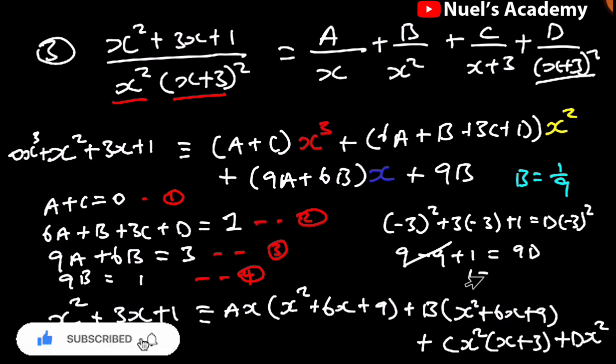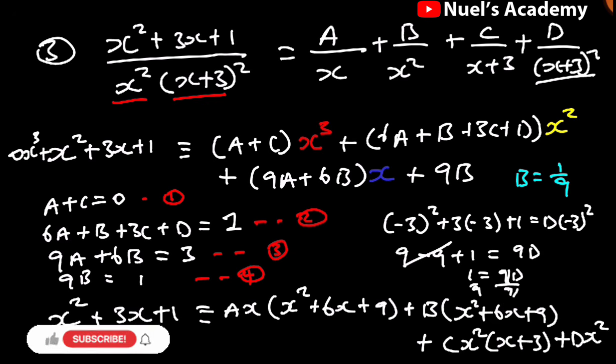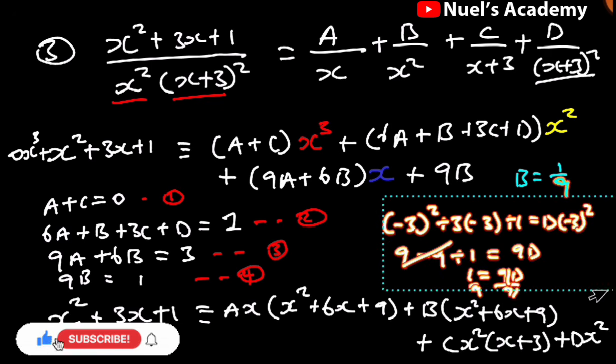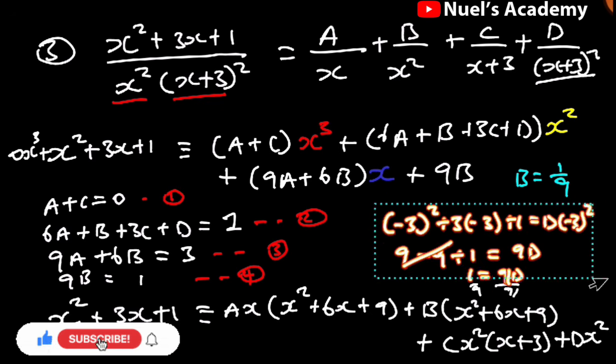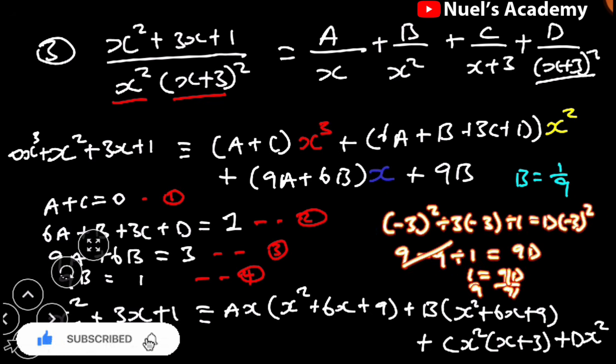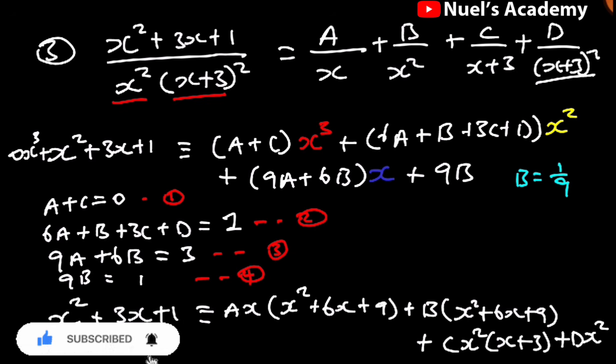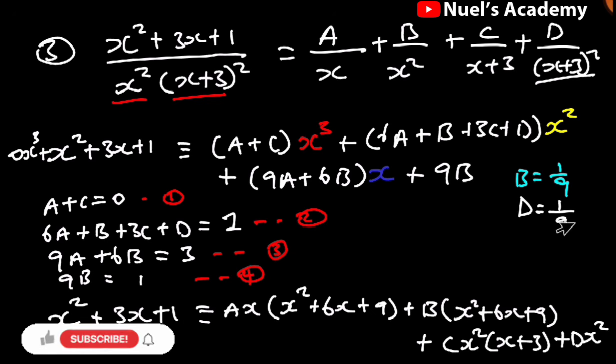We have 1 equals 9d. If we divide both sides by 9, we see that d is equal to 1 over 9. So from here we have that d is equal to 1 over 9.